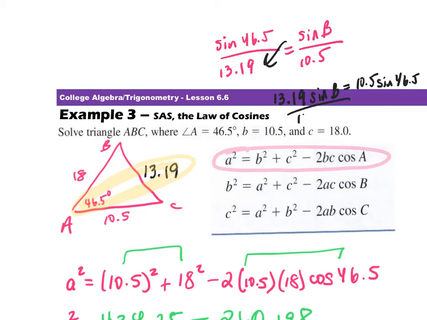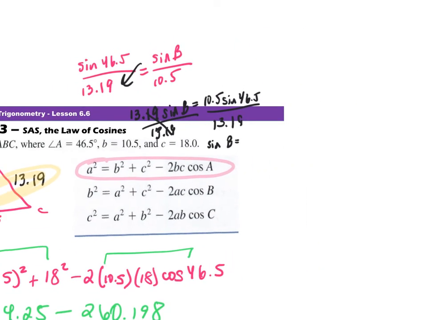Divide both sides by 13.19, and I get the sine of B is 10.5 times the sine of 46.5 divided by 13.19, about 0.57743, something like that.